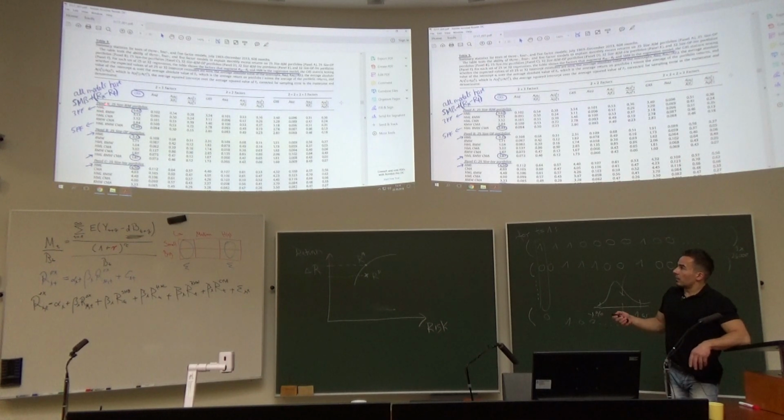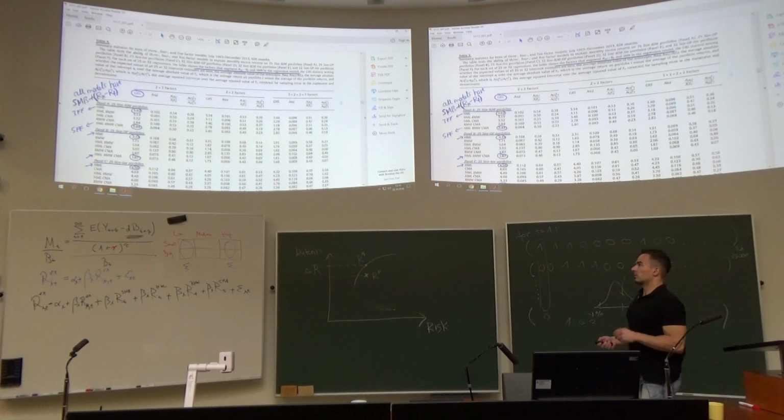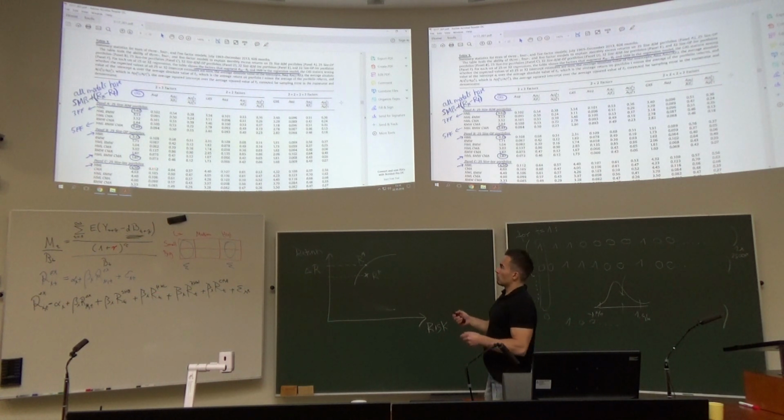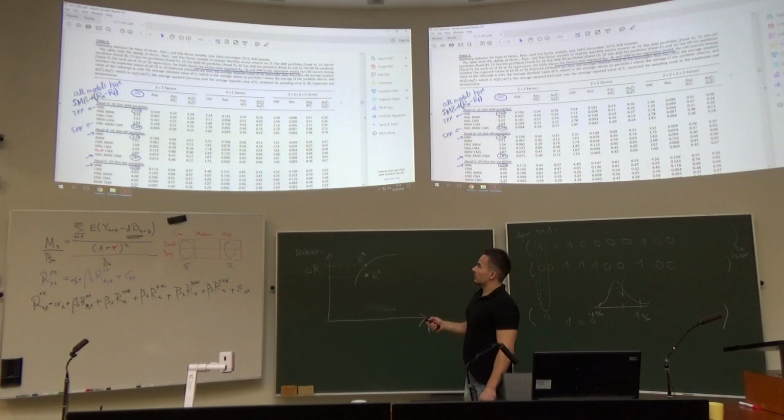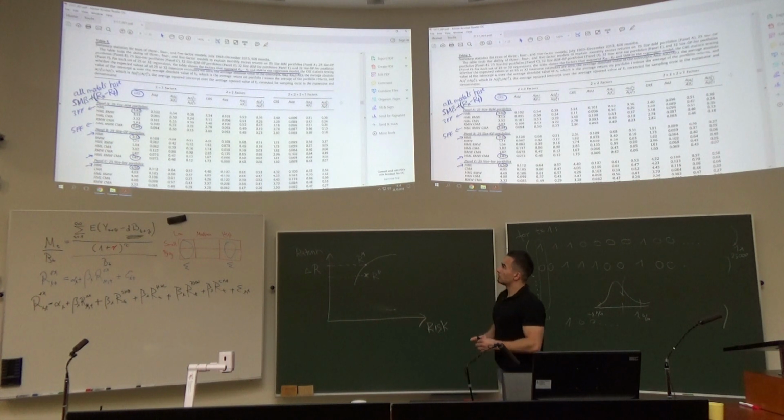This is what we see in panel A and panel B already. The HML factor does not seem to matter, and what we also see, second point, is that the five-factor model prices the test assets better than the old three-factor model.